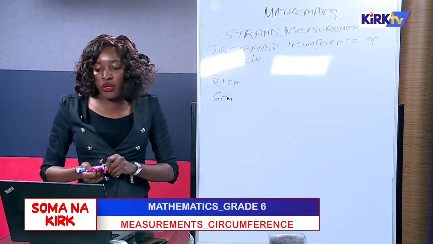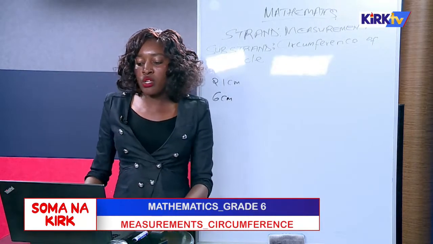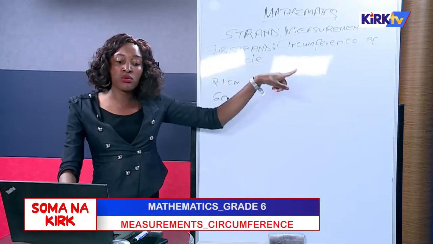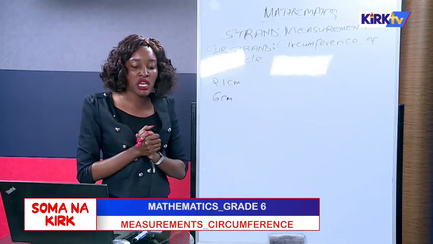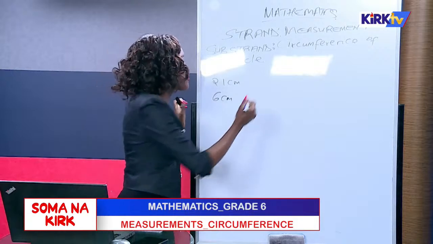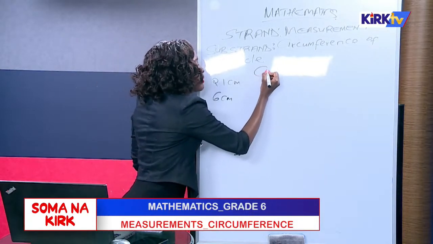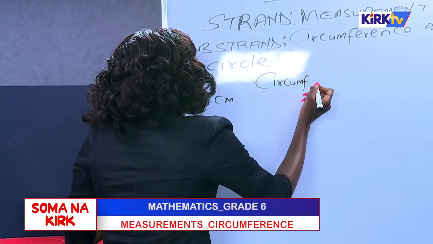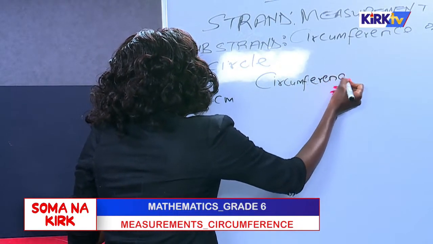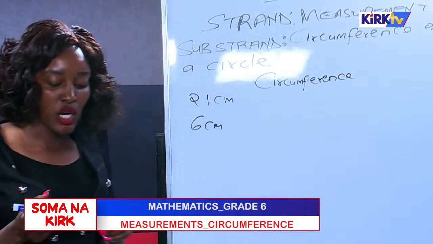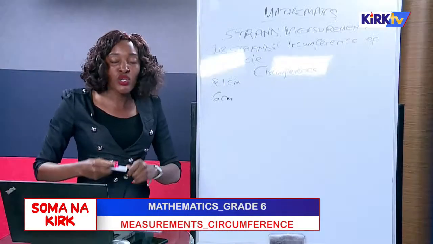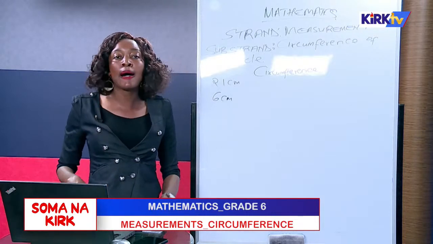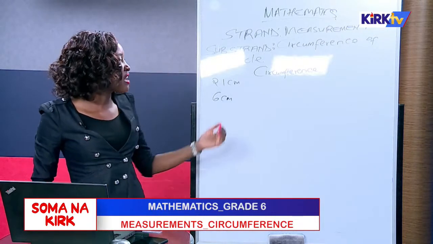So, now when you come to explaining what we've just done, in our substrand today, we have some vocabularies. One vocabulary is circumference. Not only in English do we have vocabularies, also in mathematics we have vocabularies.